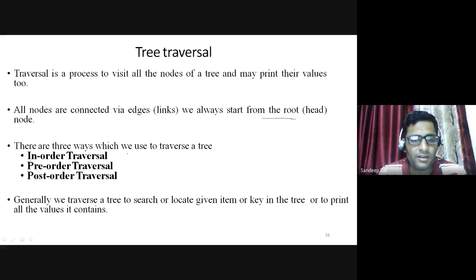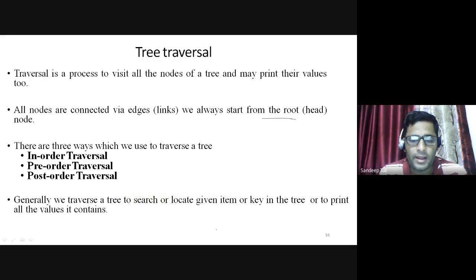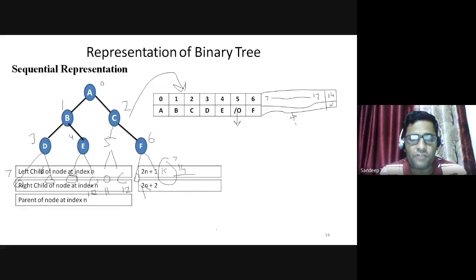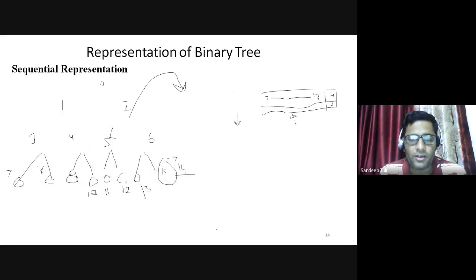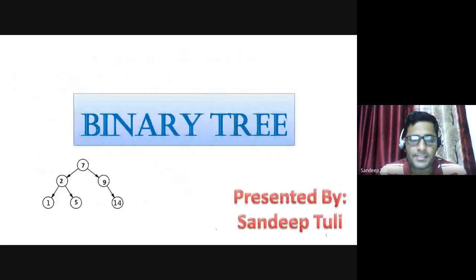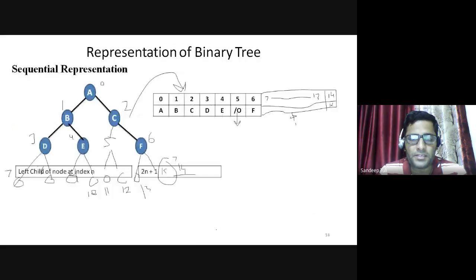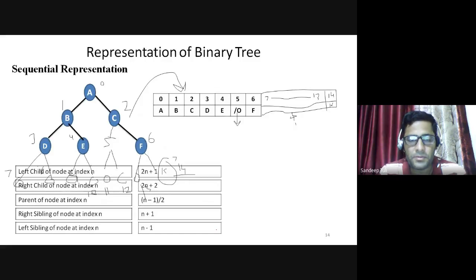Okay, now there are 3 different ways of traversing a tree: in-order, pre-order, and post-order. Have you already read these names somewhere? Yes, sir. Infix, prefix, and postfix. Yes. Now I have discussed one application of binary tree, which is mathematical expression representation. That was in the old PPT, the first PPT.